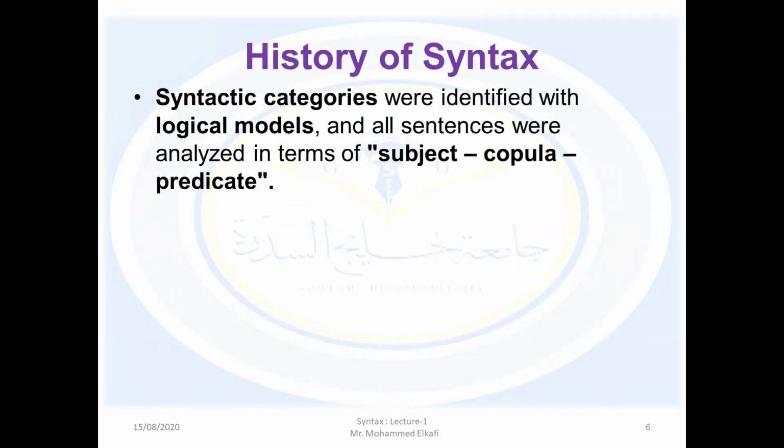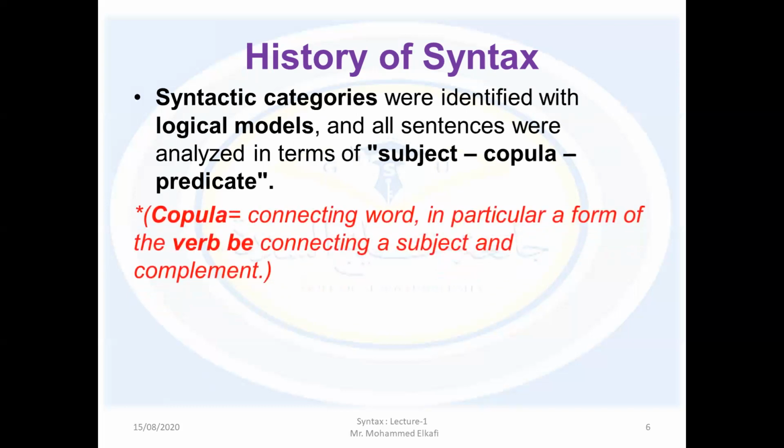And syntactic categories were identified with logical models in the past, and all sentences were analyzed in terms of subject, copula, predicate. When we say copula, it is a connecting word, in particular a form of the verb to be, connecting a subject and complement.